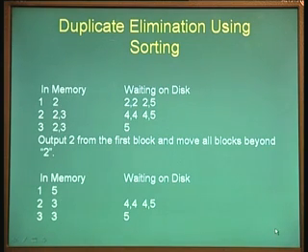This is depicted in the second slide, that is, after 2 is put into the output buffer, our sets of blocks look as shown here, that is, all the 2's have been eliminated here and 5 has come to the top, and all 2's are eliminated here and 3 has come to the top, and all 2's are eliminated here and 3 has come to the top here.